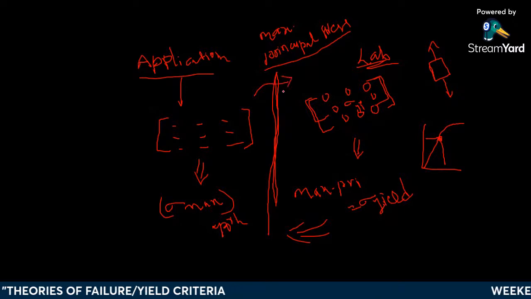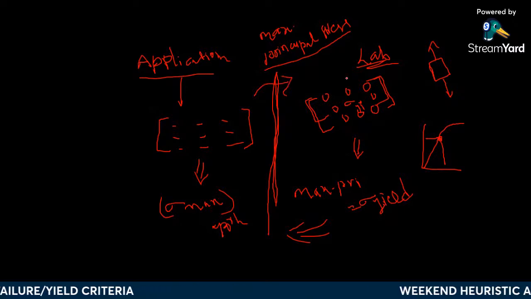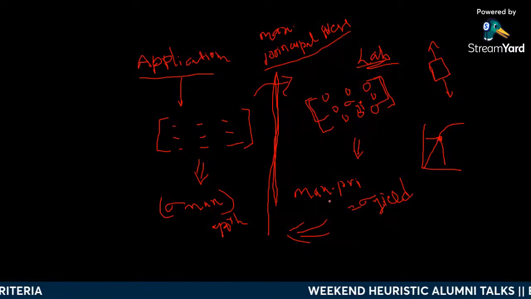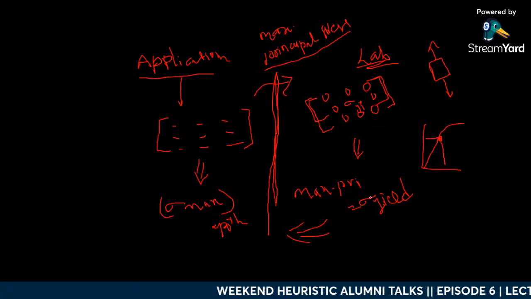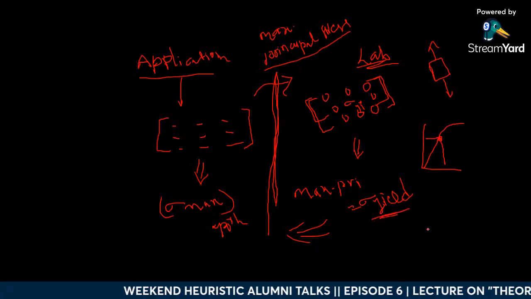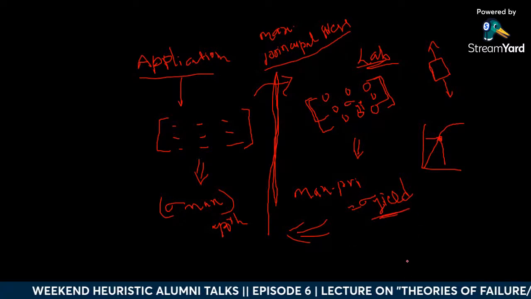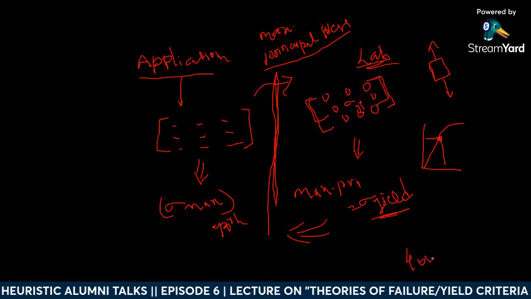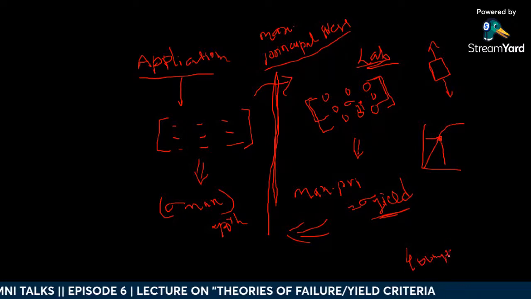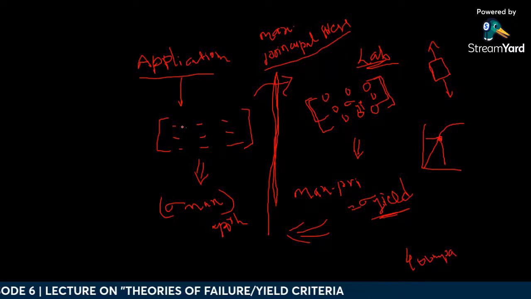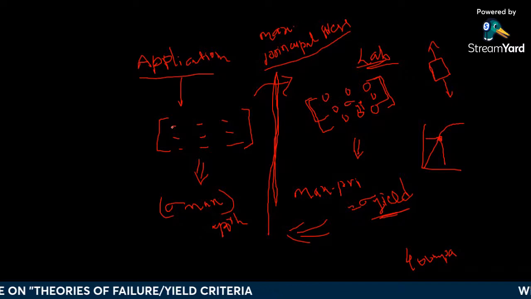This material can bear up to a stress where your maximum principal stress won't cross this limit. Let's say your maximum principal stress is around 400 MPa. So what do you suggest? Whatever stress you want, you can apply, whether biaxial, triaxial, or different combinations of shear.